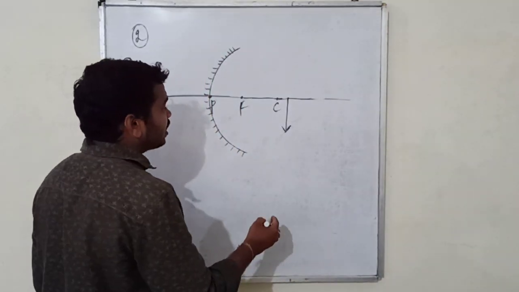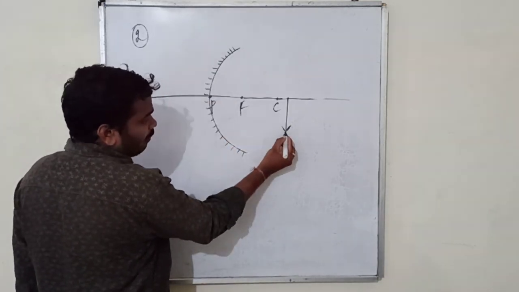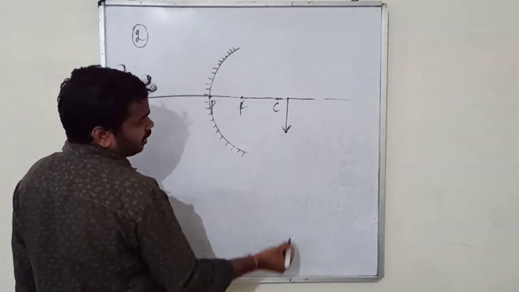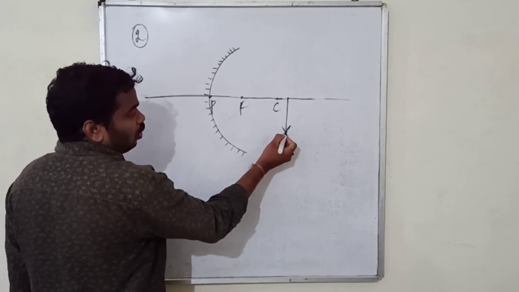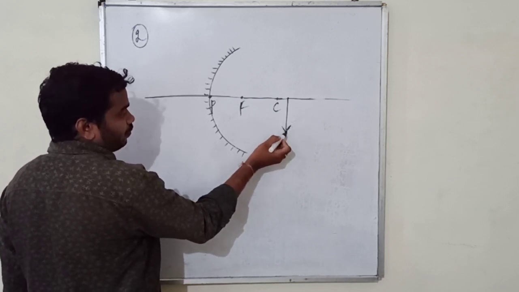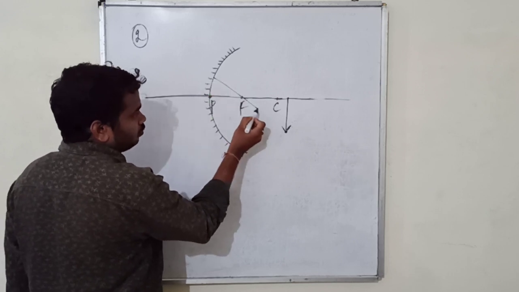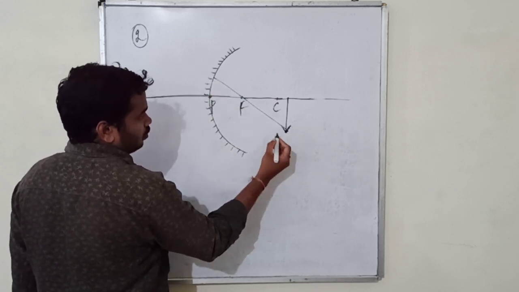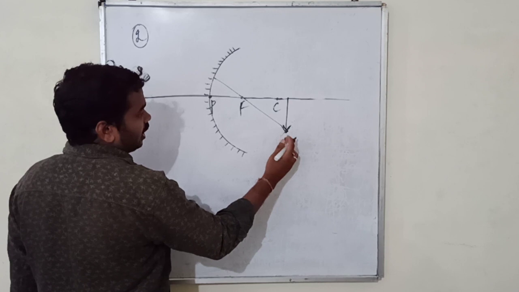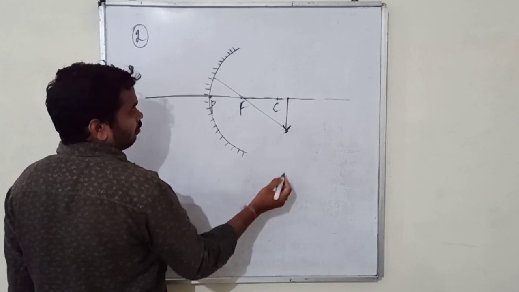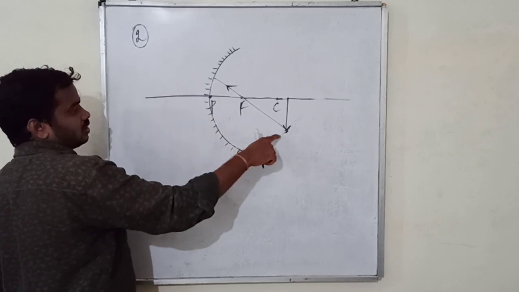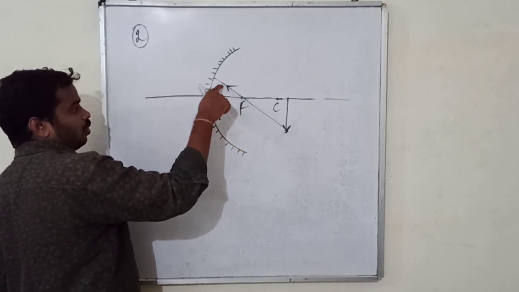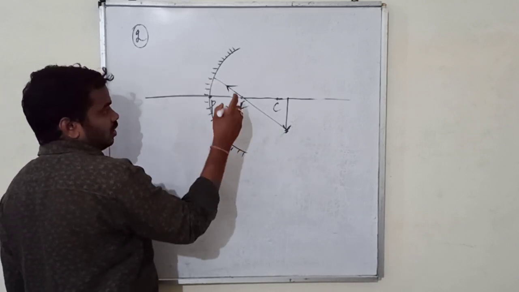If the incident ray is passing through focus, I am going to draw the image of this particular ray. I am going to draw a ray from this tip. So the incident ray is like this. From the tip, the incident ray is falling upon the mirror like this.